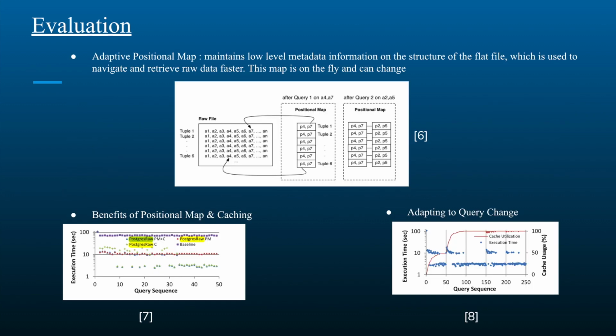Okay. Before we deep dive into the comparison, let's look at a few of the parameters that they enable. Their main USP is that they have two things. They have an adaptive positional map. Since it is a file and we don't have the concept of an index, what they're doing is, let's say the data is first getting loaded onto the system.